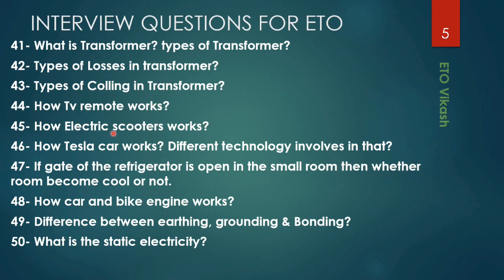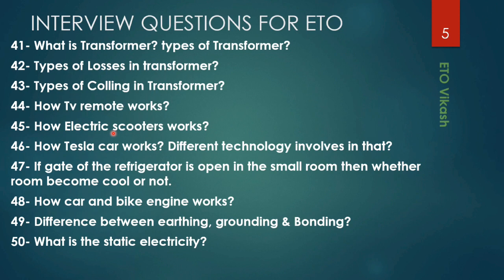Now how does the electric scooter work? Nowadays electric scooters are either using a mid-drive motor or a hub motor. Mid-drive motor means the wheel is rotating by using a belt. But in a hub drive motor, the motor is in the wheel itself.